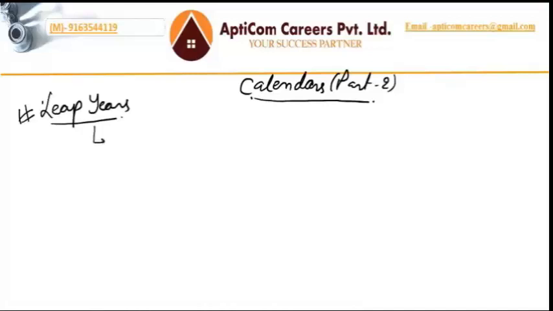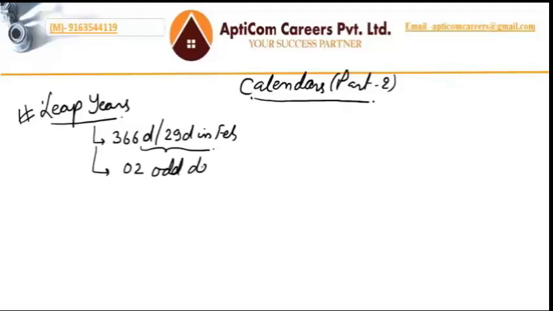A year having 366 days, or having 29 days in the month of February, is called a leap year. A leap year will have 0 odd days, as I had already discussed in part 1. So here we will focus on how to check whether a given year is a leap year or not.